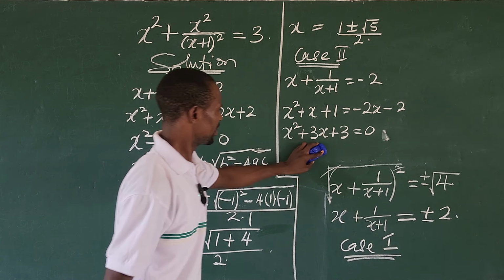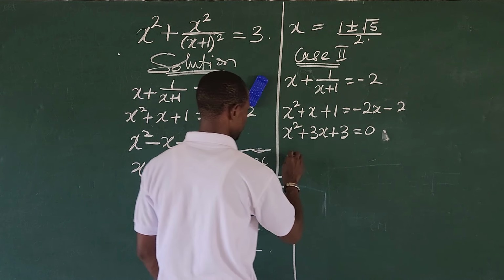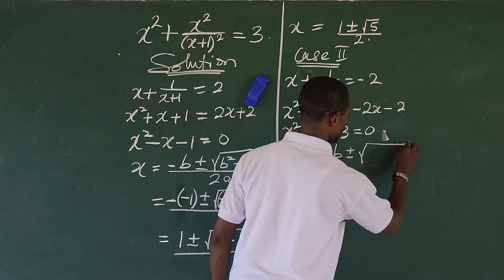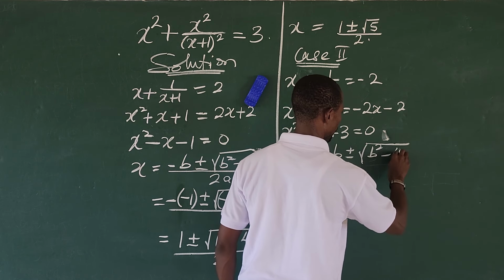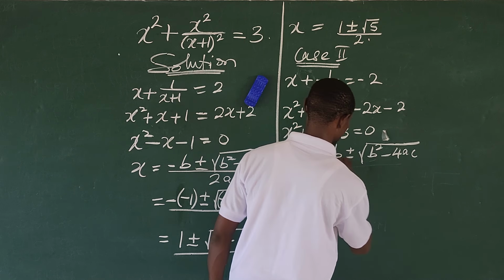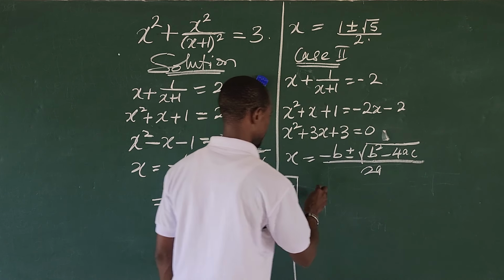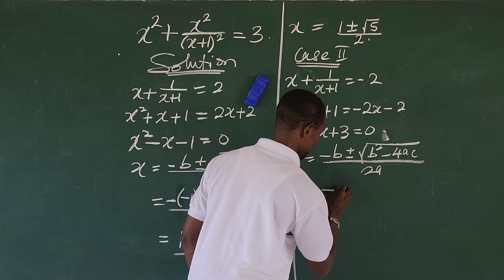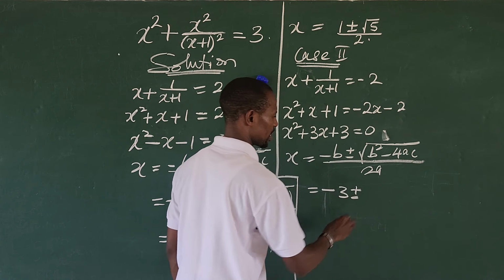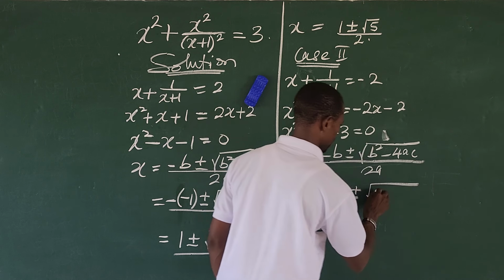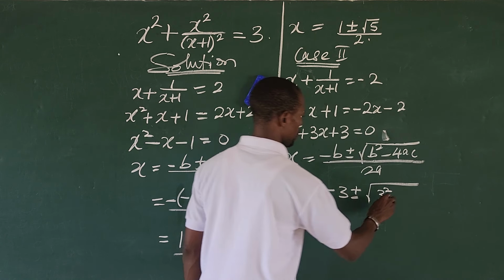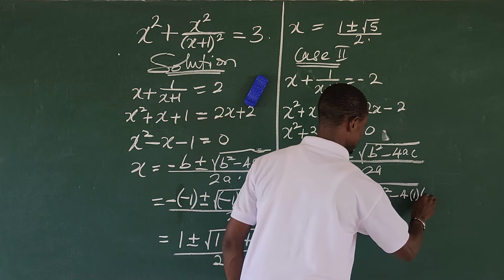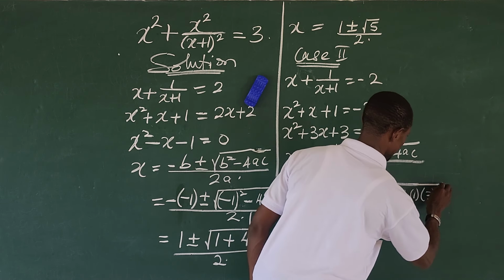So let's erase this. Again, we use our quadratic formula, which is x is equal to minus b plus minus the square root of our b squared minus 4ac, right, all over 2a. So from here, what is our b? Our b is 3, so we have minus 3 plus minus the square root of our 3 to the power of 2, then minus 4 times our 1, then times our 3 again.